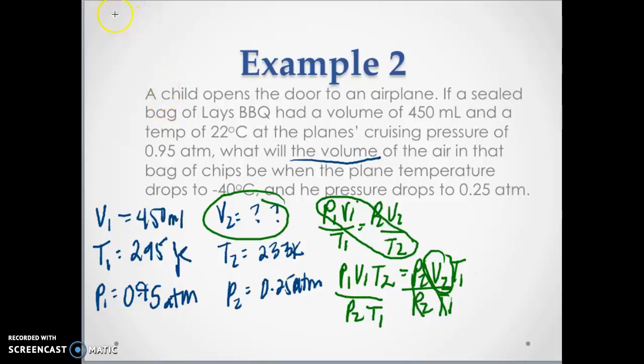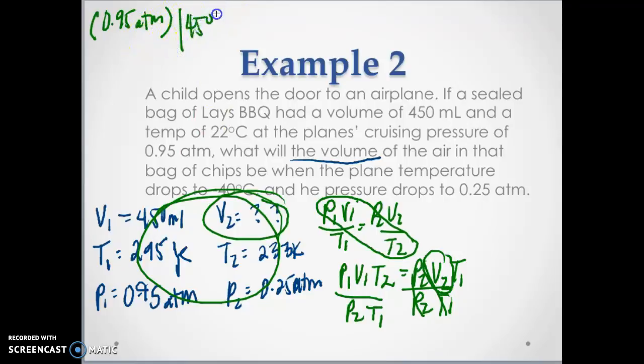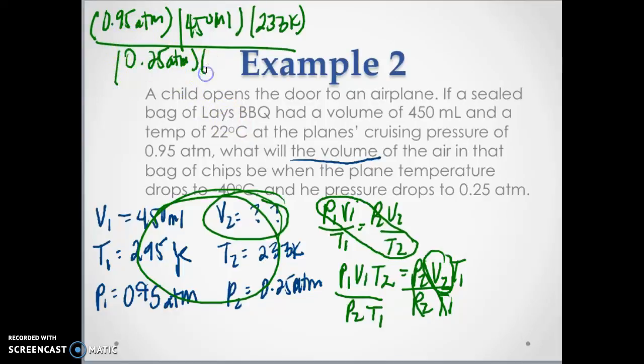So I'm going to write it right here. P1 is 0.95 atm. If you do this right here, it makes things easier. You just plug it in. V1 would be 450 milliliters times T2, which would be 233 Kelvin, over P2, which is 0.25 atm, times T1, which is 295 Kelvin.